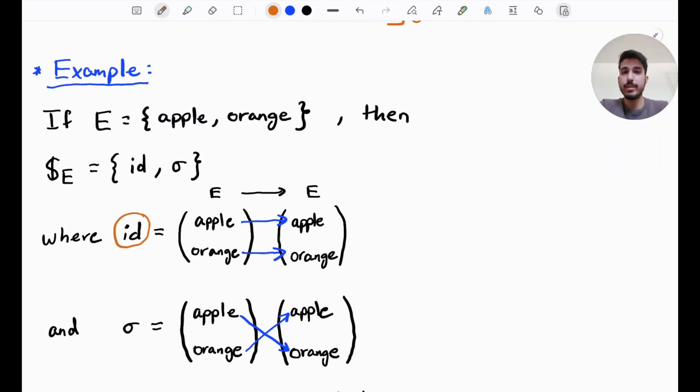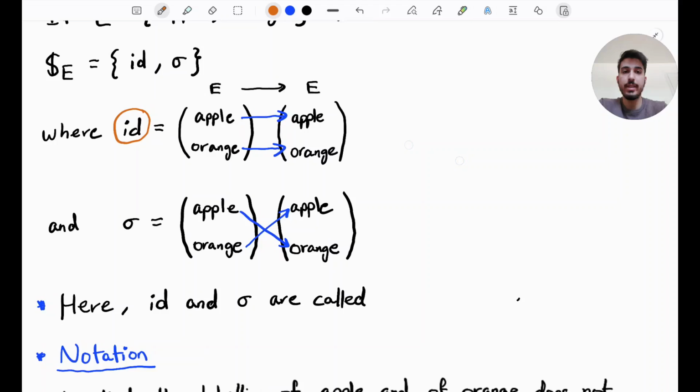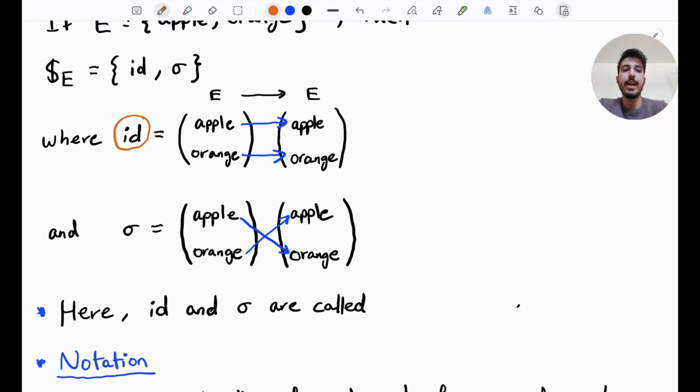So the first element in SE will send each element to itself. Apple goes to apple and orange goes to orange. The other element will send apple to orange and orange to apple. I call it sigma. In fact, these 2 are the only permutations that are possible on the set E. And these, ID and sigma, are called permutations.